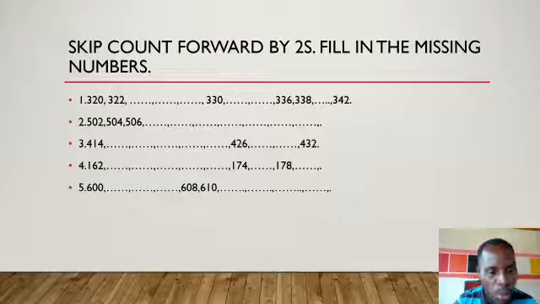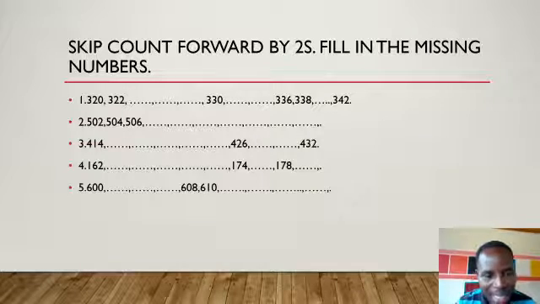So 602, 604, 606 plus 2, 608. 608 plus 2 is 610. 10 plus 2 is not 12? So 610 plus 2 is 612. 12 plus 2 is not 14? So 612 plus 2 is 614, plus 2, 616.